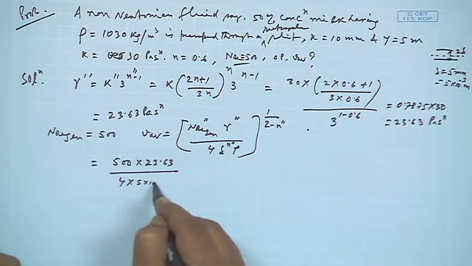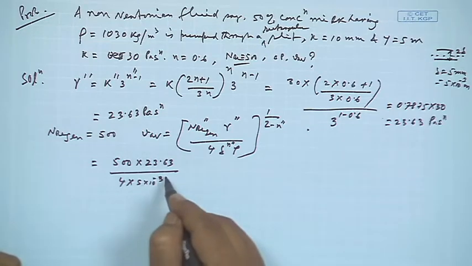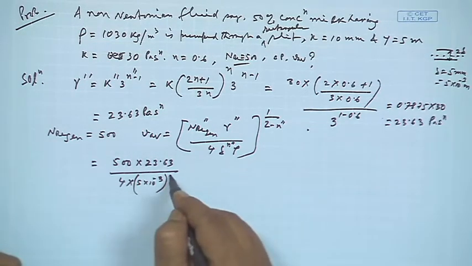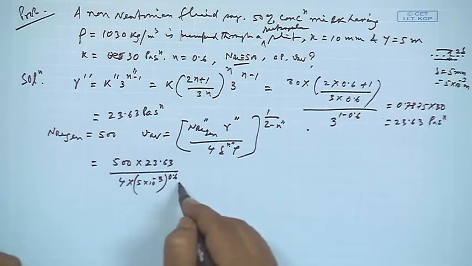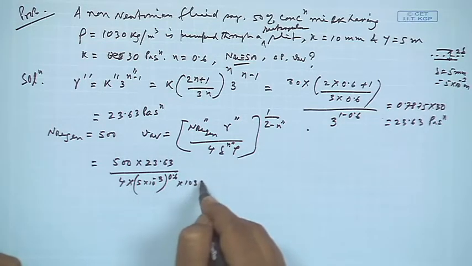So we can write 4 into 5 into 10 to the power minus 3, to the power 0.6, into 1030.